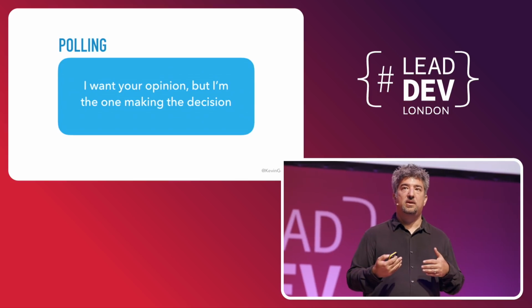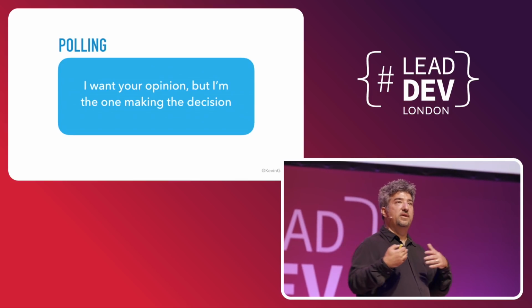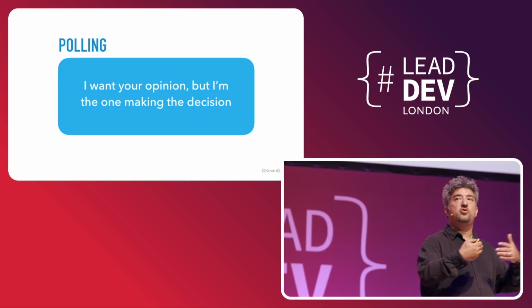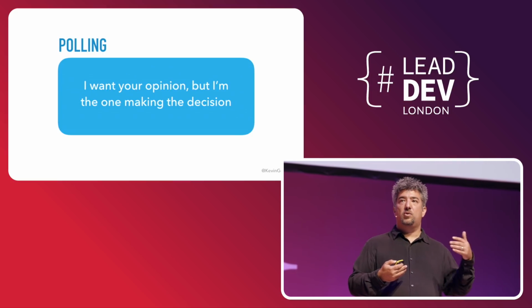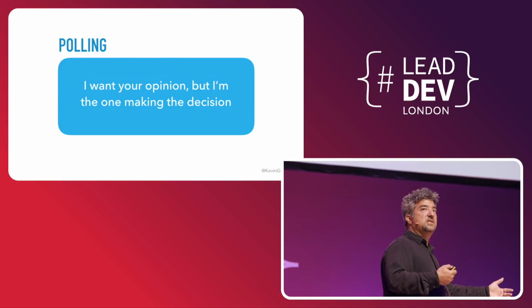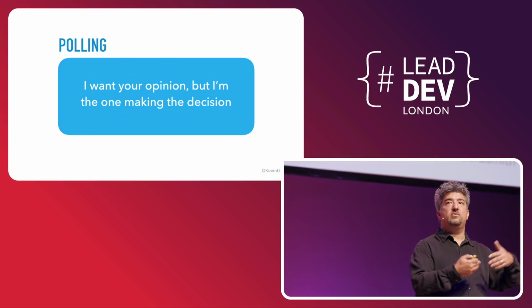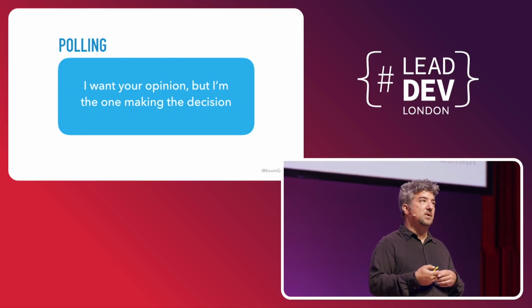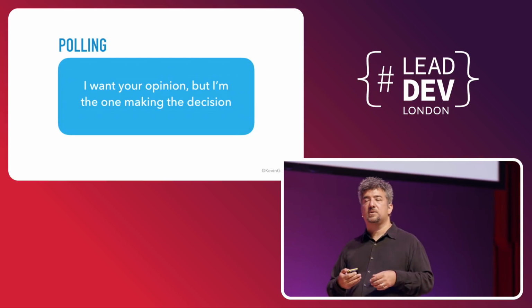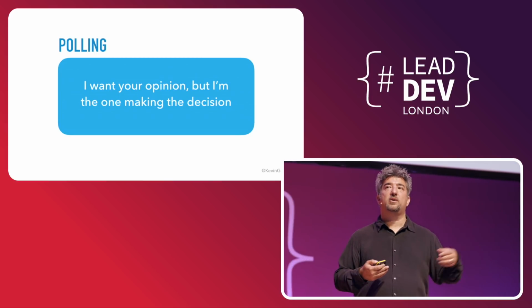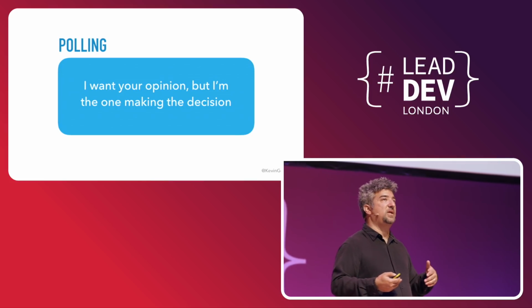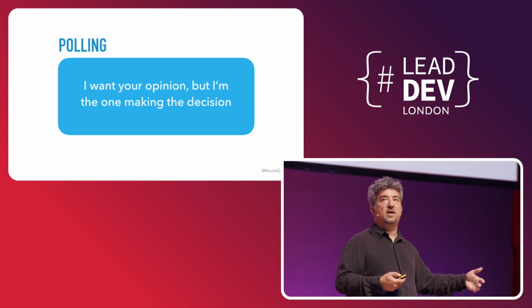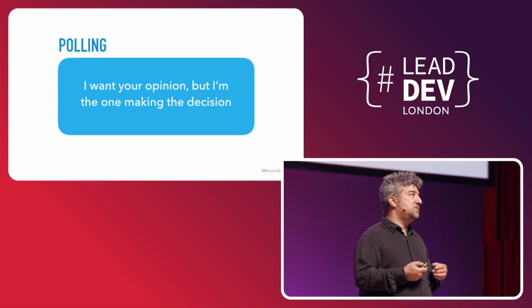And especially if you're questioning whether you should be part of the group, you are much more likely to be quiet or go with the group consensus even if you disagree because you don't want to be singled out. So when you say, I'm taking responsibility for the decision, but I want your opinion, you give people a little bit more freedom to express their opinion without a huge consequence. That's one of the reasons you poll.